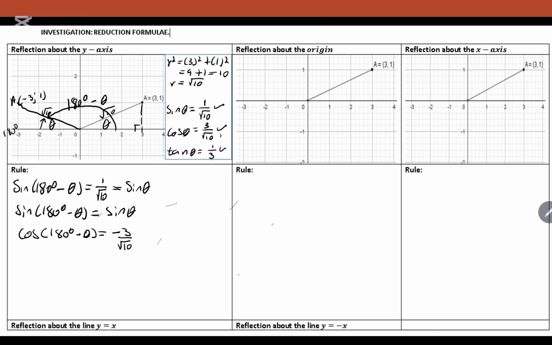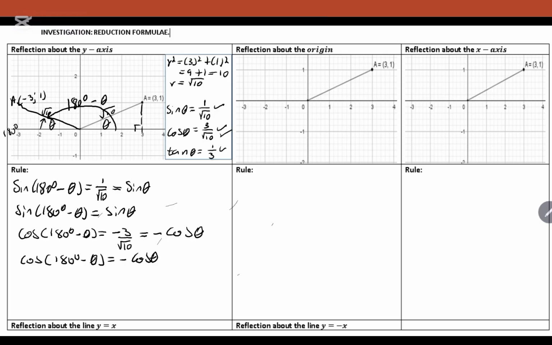From the original cos theta, we found that cos theta is equal to 3 over square root of 10. So this is just a negative number. Basically this is equal to negative cos theta. So the reduction rule here is that cos of 180 degrees minus theta is the same as negative cos theta.